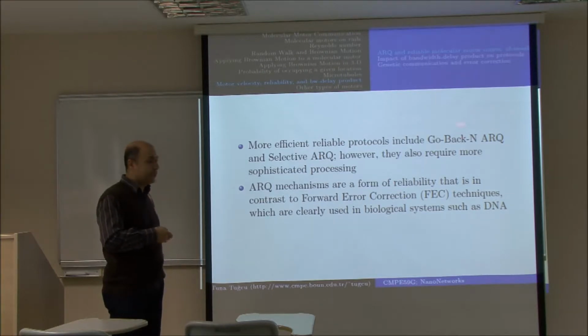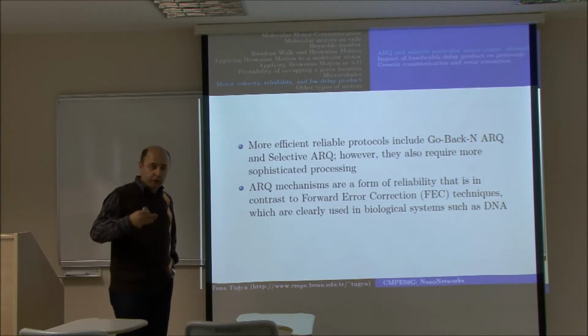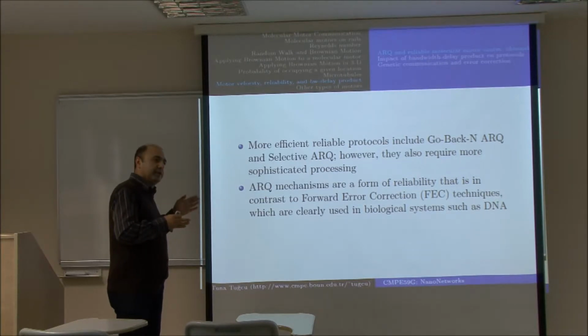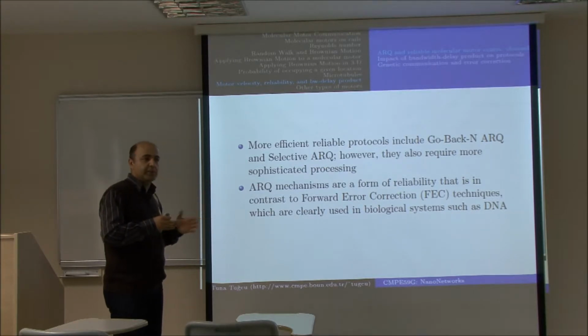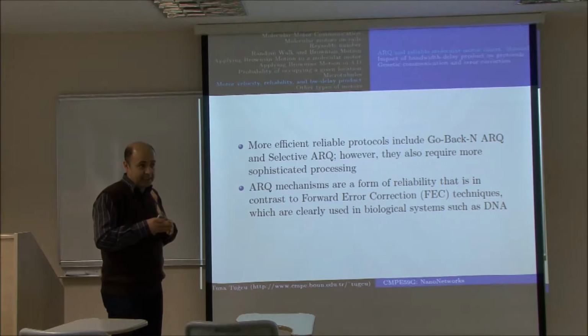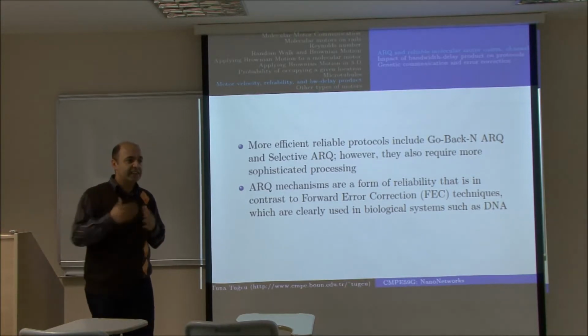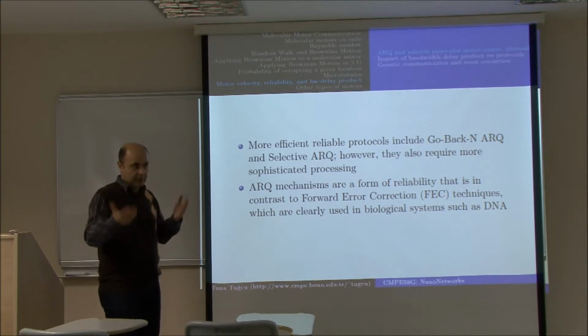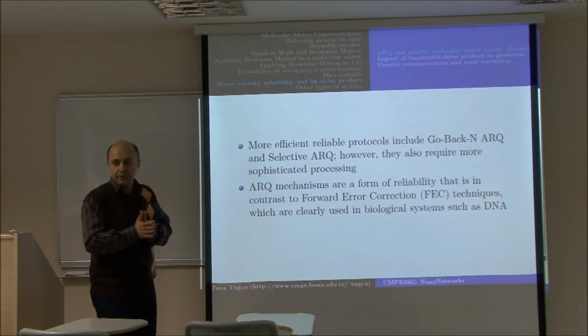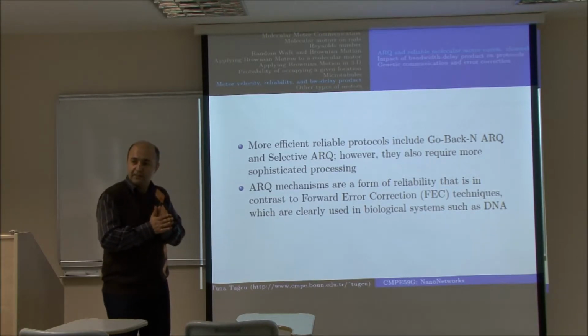In the case of go back N, what you do is you go back in time, look at the history of the packets in your buffer, find the last one that was successfully transmitted, and starting from there, start retransmitting. Which will mean that actually you're retransmitting many frames, unnecessarily in fact, because probably they would be properly received, but you go back and repeat all of them. That's called the go back N, as the name implies.